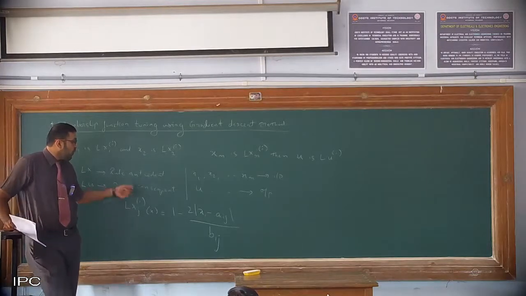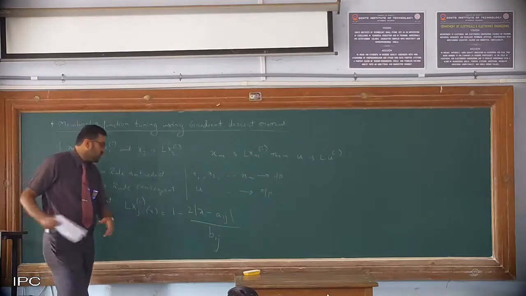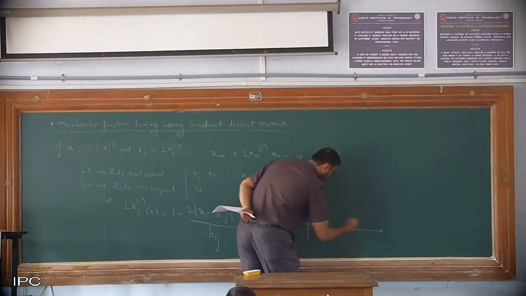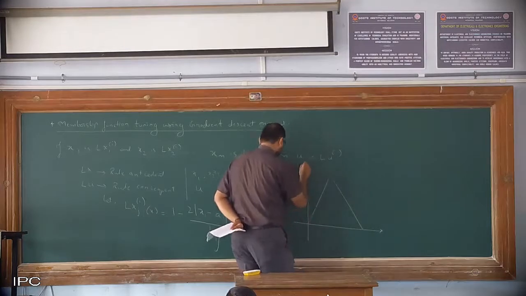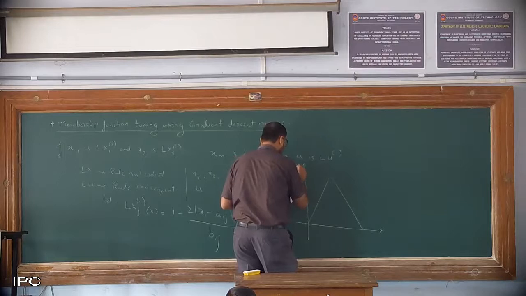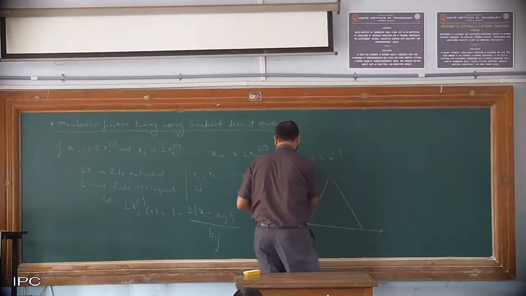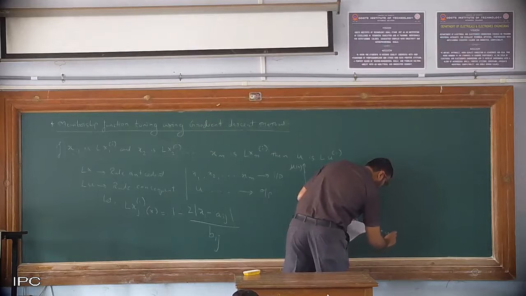So go on substituting these values, then you get a shape of membership function. The shape they are going to get is a triangular form. So this is nothing but your mu of x, and this is your x of j.